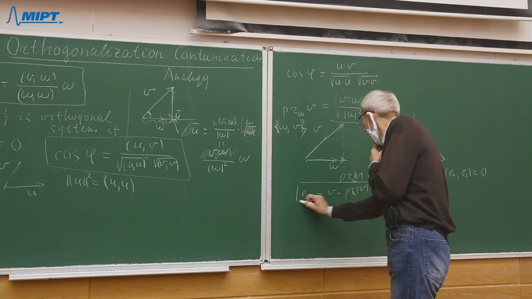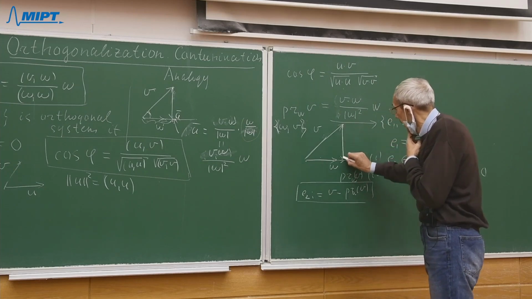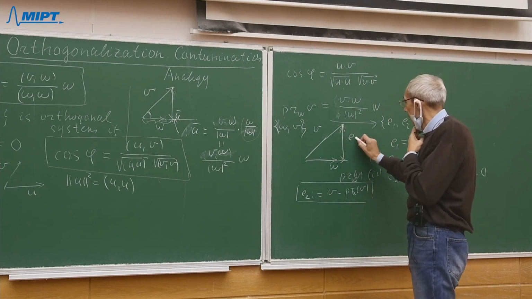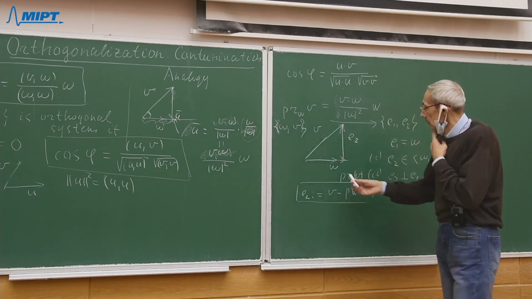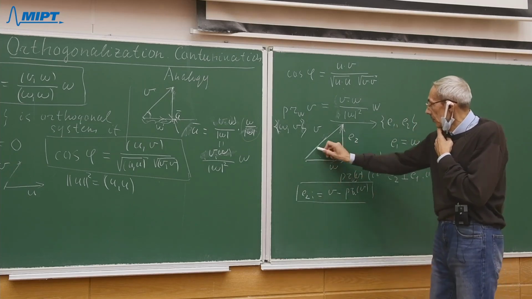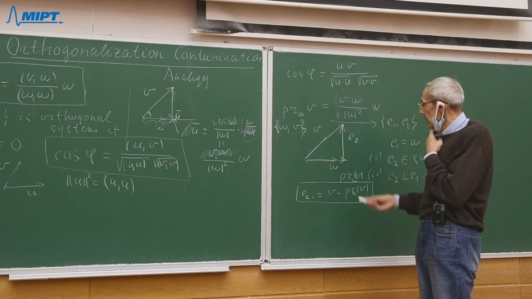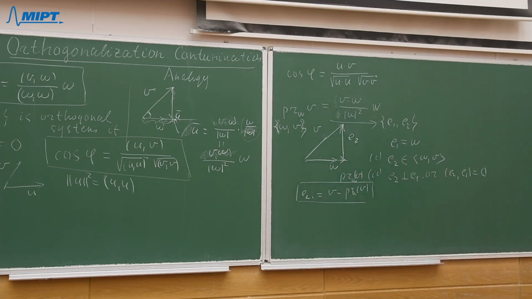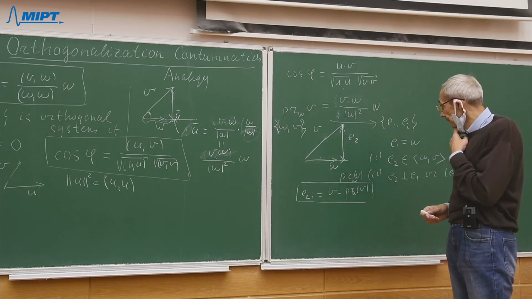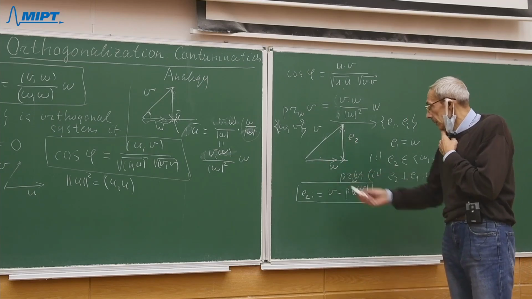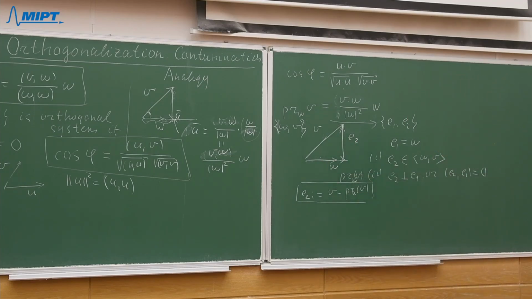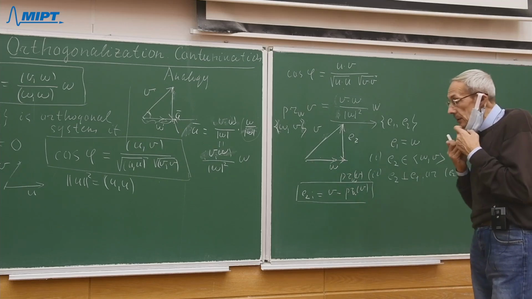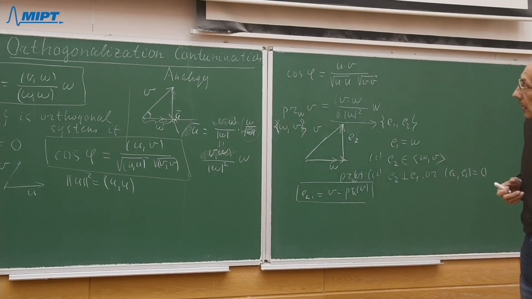Namely, our new vector is the difference between v and the projection. It is easy to see that the vector e2 will be orthogonal to the vector w. This assertion we can check in an algebraic way.